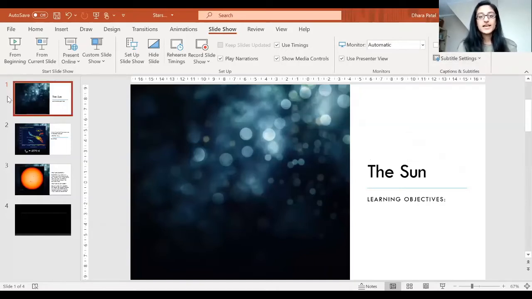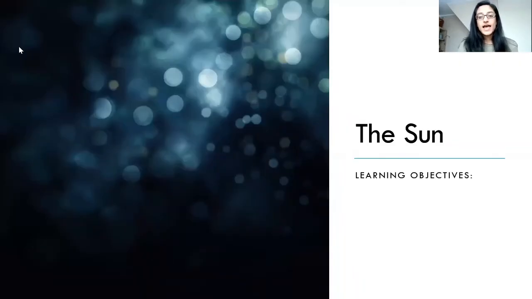Now that I've done that, I'm going to begin sharing my slides. And having pinned your video, it means that students will see your video along with the slides that you're sharing, which can be really beneficial to learners as they're going through your teaching experience.